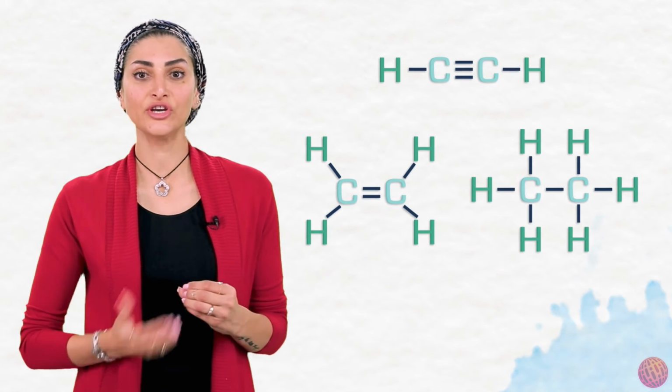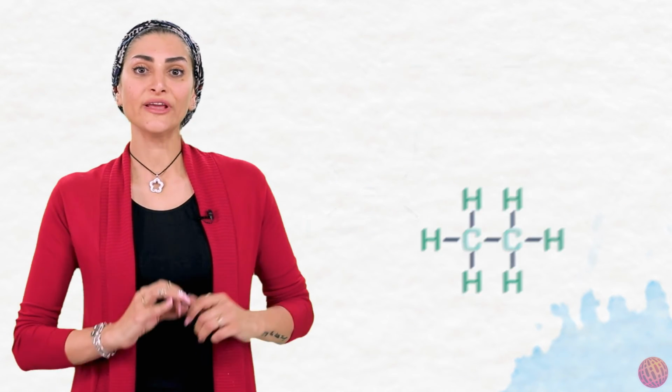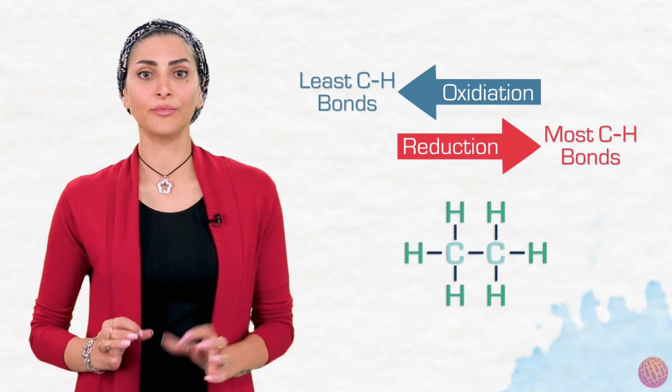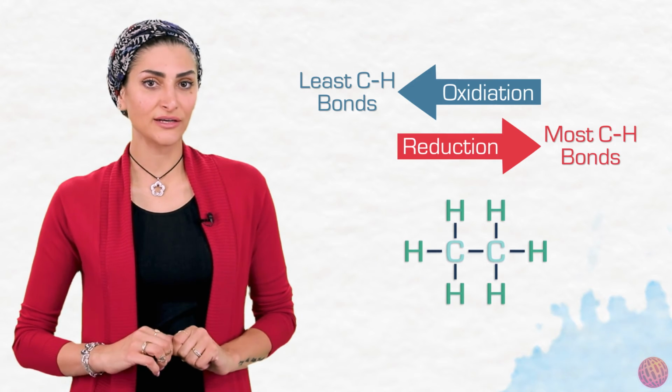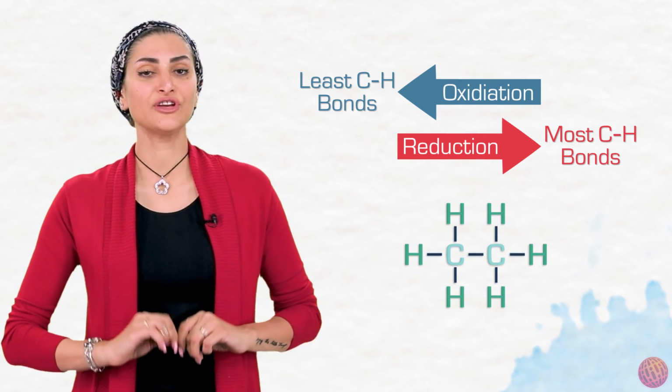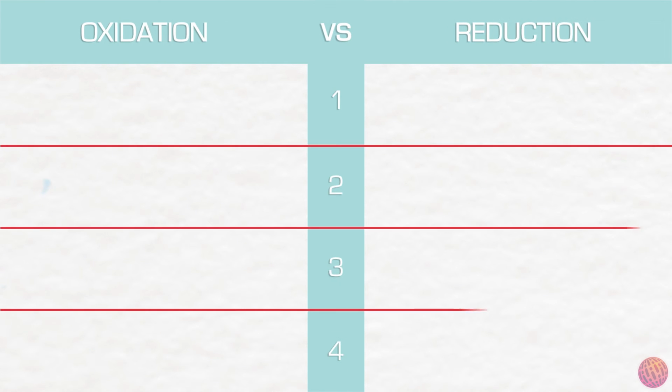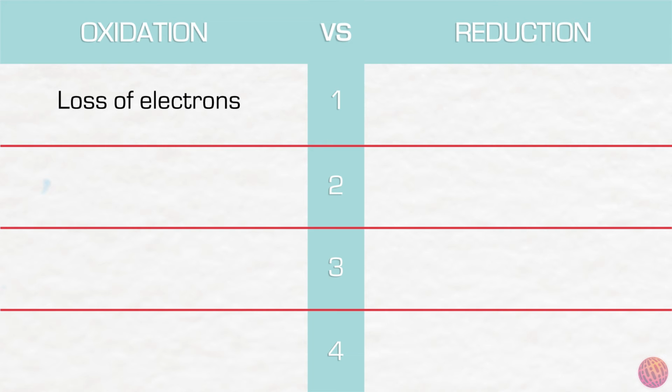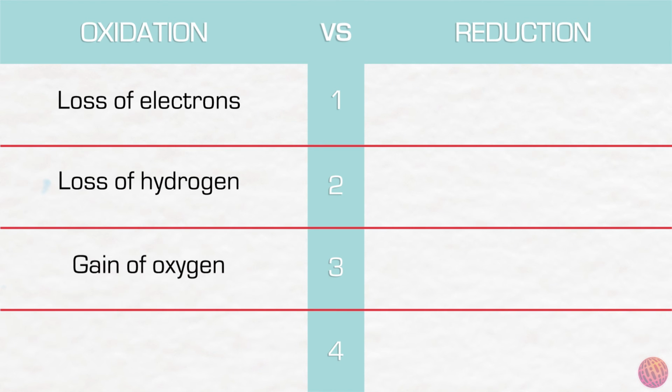Note that when a molecule reacts with hydrogen, the number of bonds with hydrogen increases. So for example, if a hydrocarbon molecule reacts with hydrogen, the molecule will have more carbon to hydrogen bonds. From all of these equations, we conclude that oxidation takes place when there is loss of electrons, loss of hydrogen, or gain of oxygen.